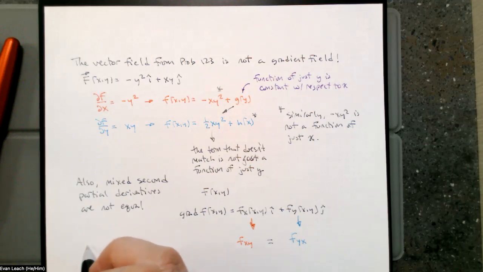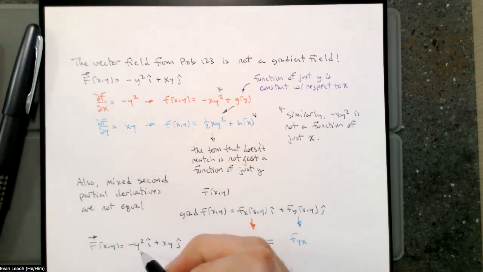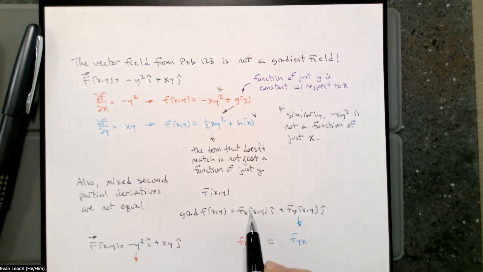So when our vector field, if I look at the partial of this minus y squared with respect to y, it's already with respect to x. I'm trying to find what the second mixed partial would look like.